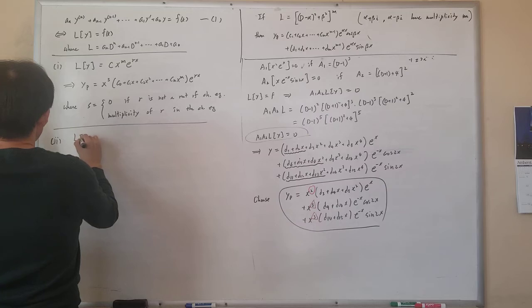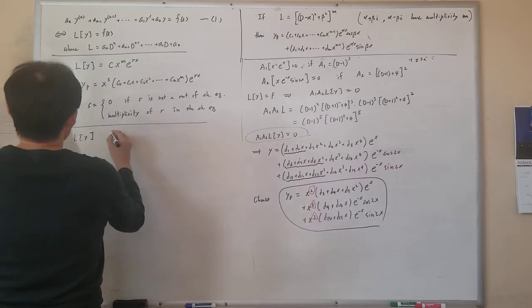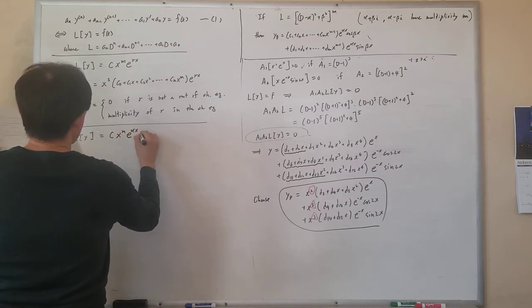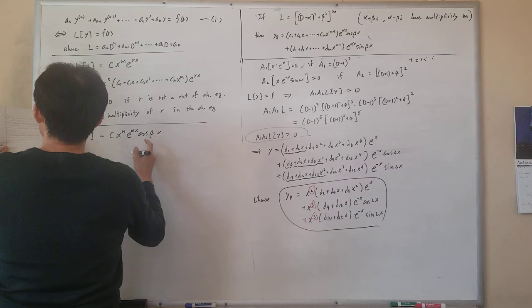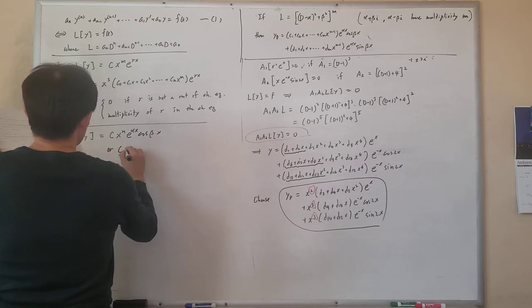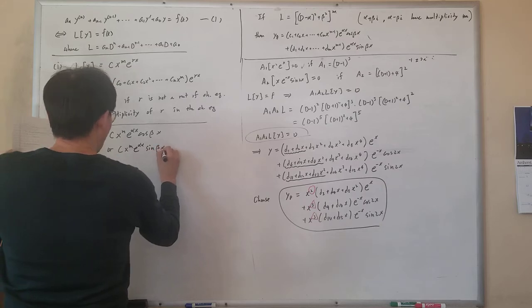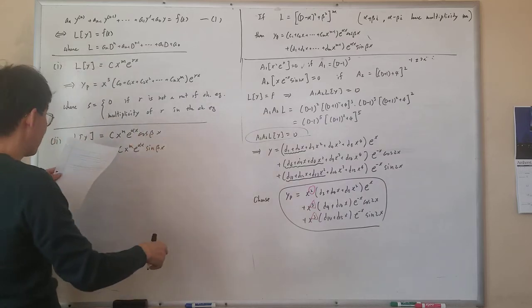Likewise, if you have some constant C times x to the m e to the alpha x cosine beta x, or sine beta x, or both, these are the same kind, right?